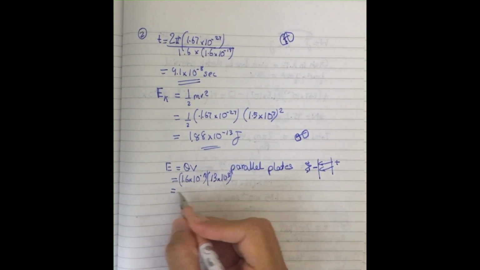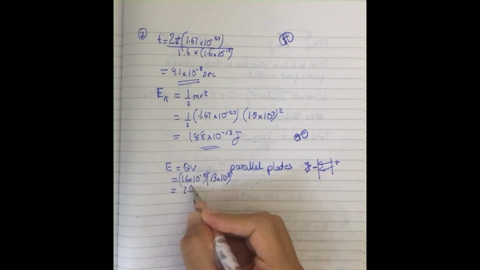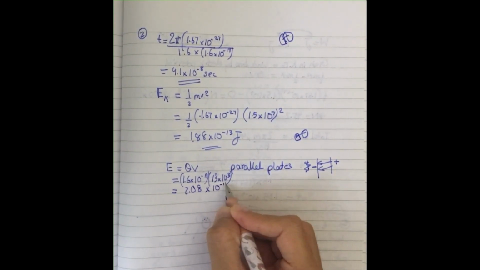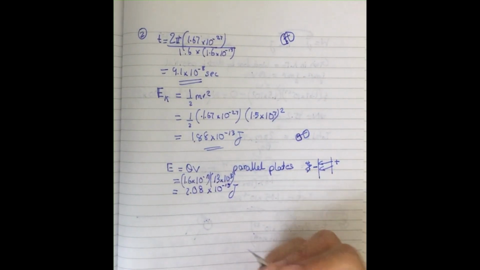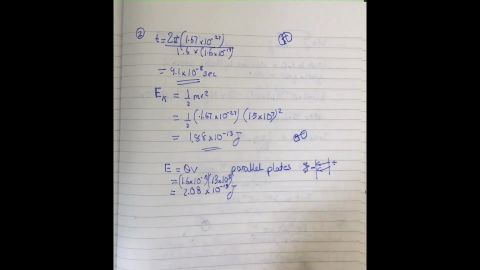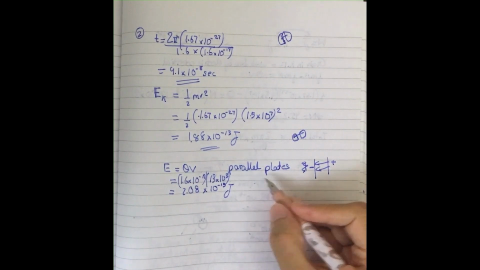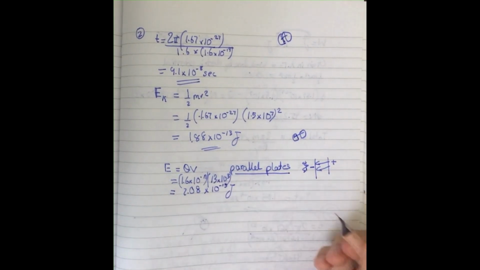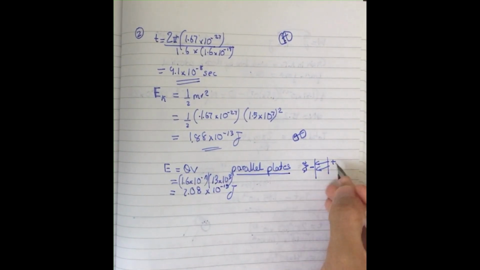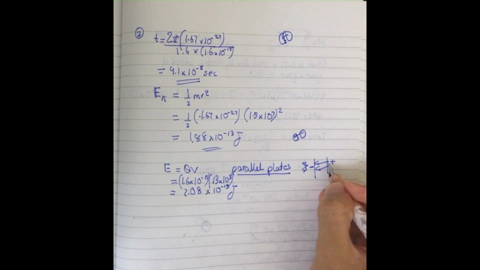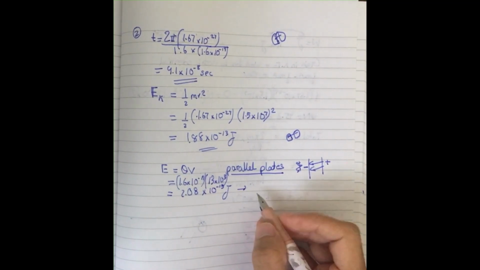So you get the answer as 2.08 times 10 raised to power minus 15 joules. This is the energy for one side only, because I told you this formula is for parallel plates, which go in only one direction, from positive to negative.